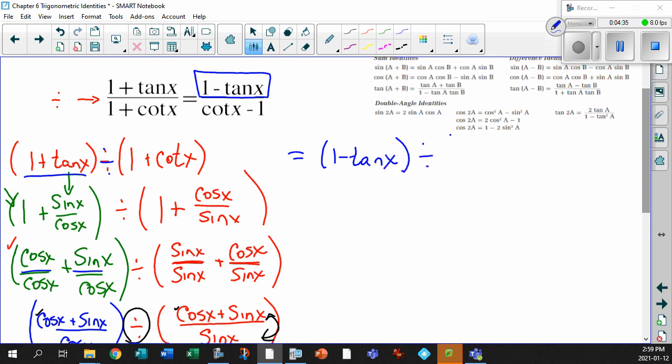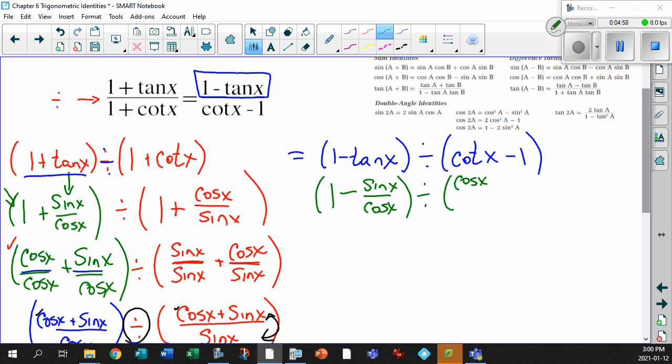Divided by cotangent x minus 1. Okay, here we go. Common denominator stuff. We're going to do exactly the same thing here. This is 1 minus tan x, you know, sine x over cos x. That's fine, right? You can start even doing the same thing over here because you're smart.